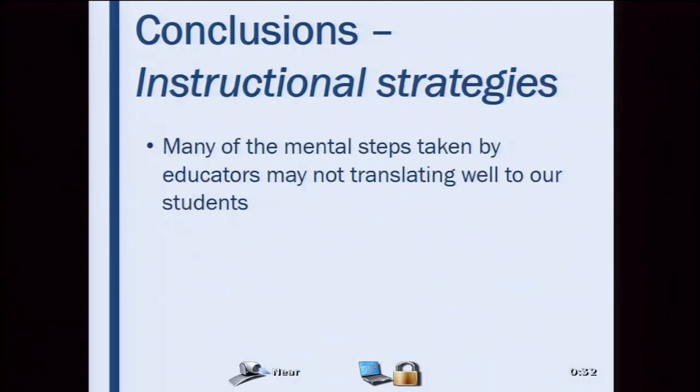So when we say making learning visible, what does that mean? Well, many of the mental steps that experts or educators take are not always explicitly shown to students, so they're not translating very well to them. So how can we help that?